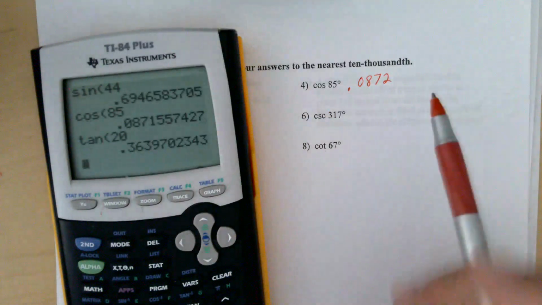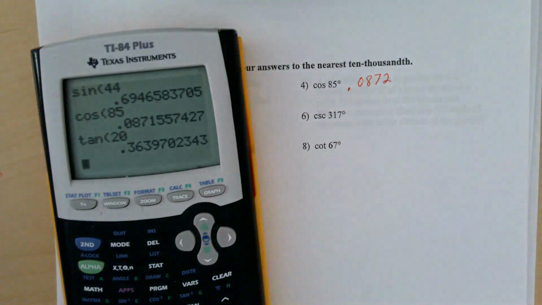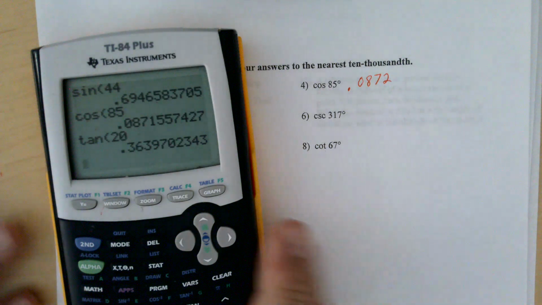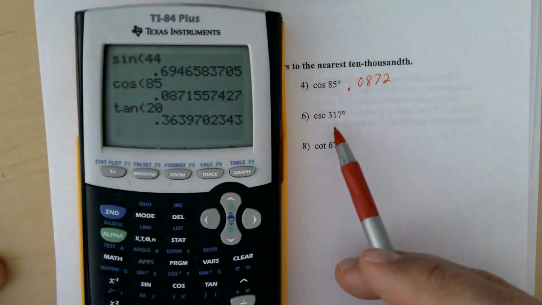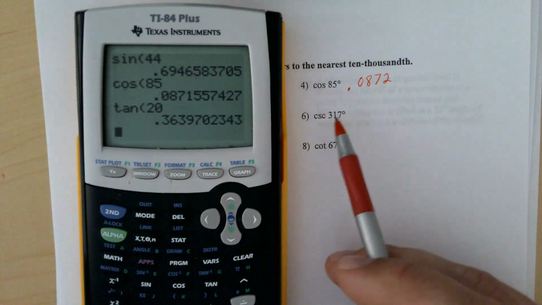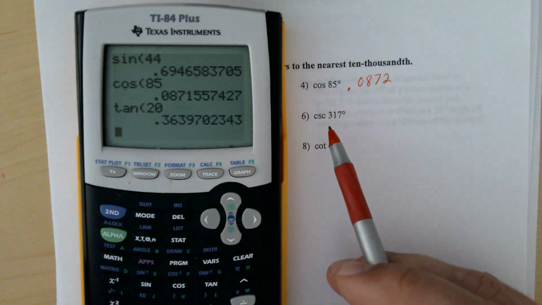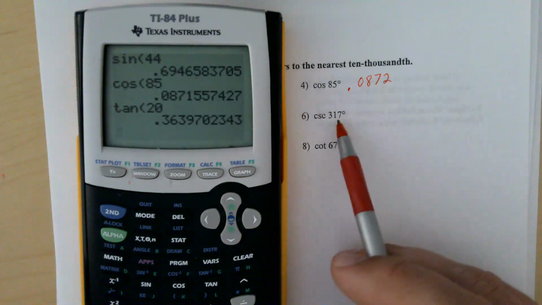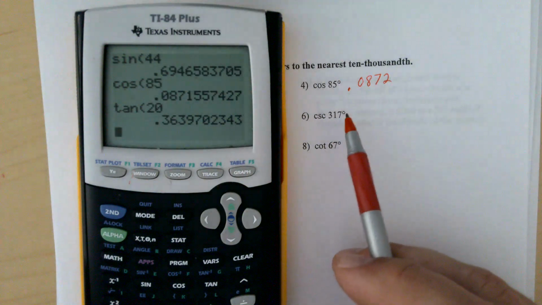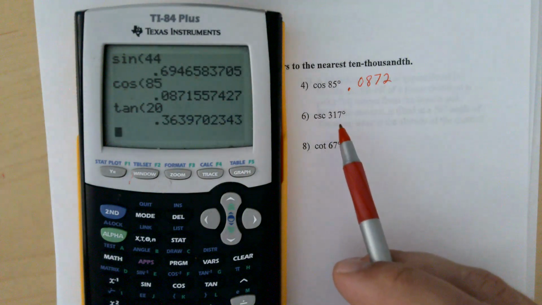Now the rest of these, you will not have this particular key on your calculator. We don't have a cosecant button, but we do have the sine button. Technically, on your quiz, I'll make sure that these are a regular angle less than 180.